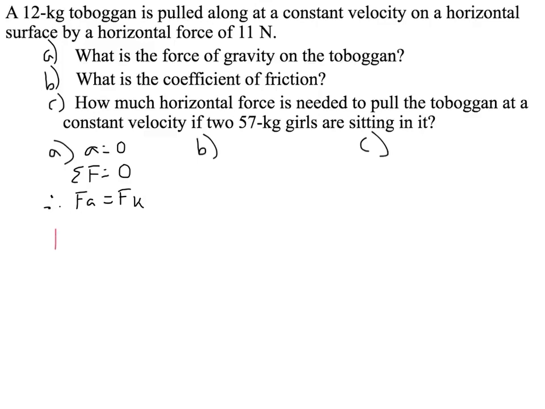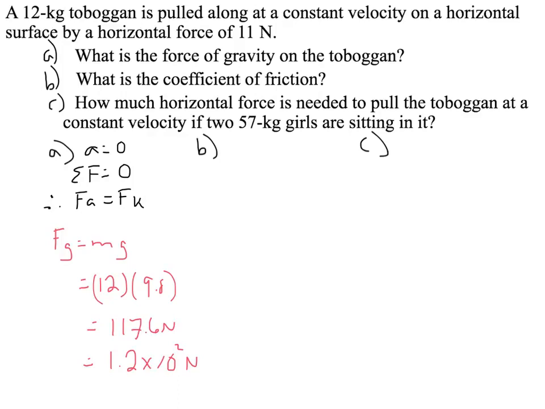Well, that one's easy. Fg equals mg. We know it's a 12 kilogram toboggan, 9.8, and we get an answer of 117.6 newtons. Now we have 2 sig digs in our question, therefore the answer should be 1.2 times 10 to the 2 newtons down.